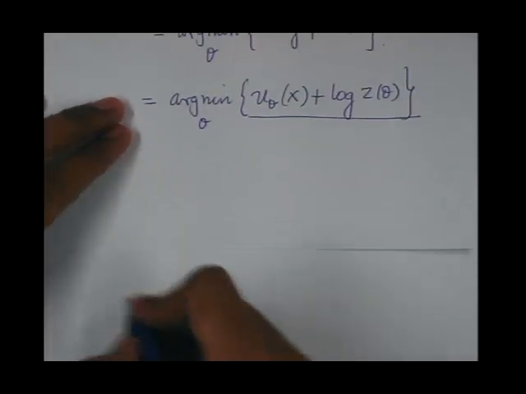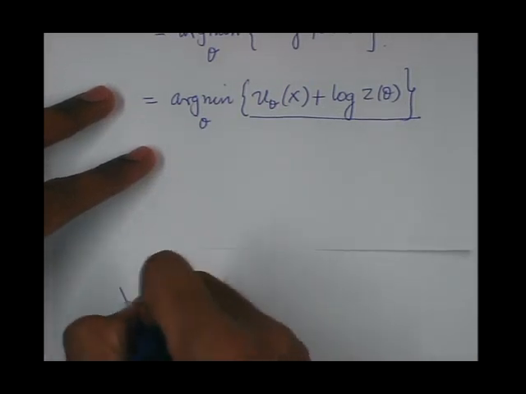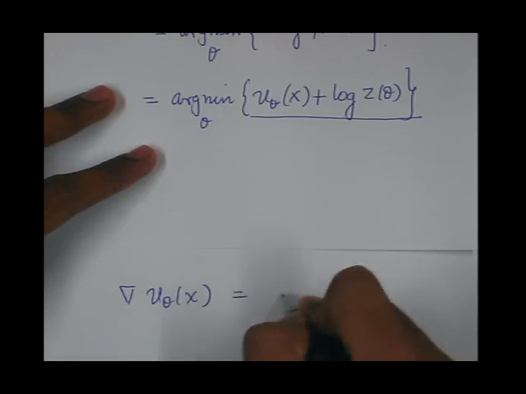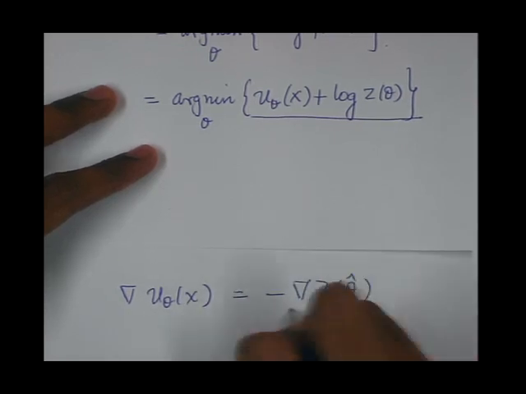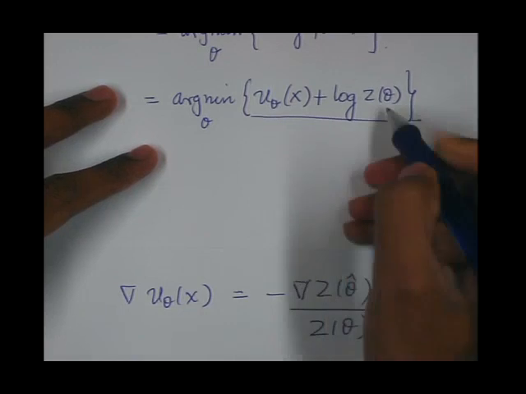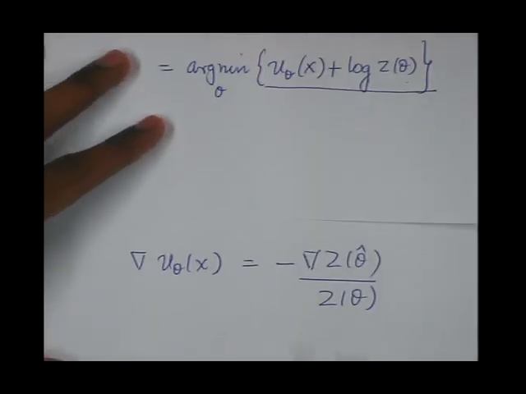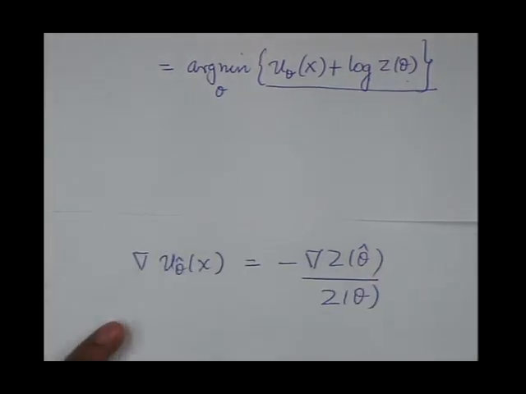So in order to find the optimal theta, we just take the gradient and set it equal to 0. Because of the log derivative, we can just work through this. This is not very hard to see. So given an x, the optimal theta should satisfy this.